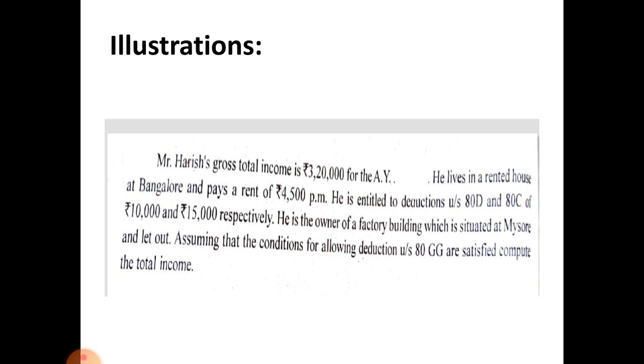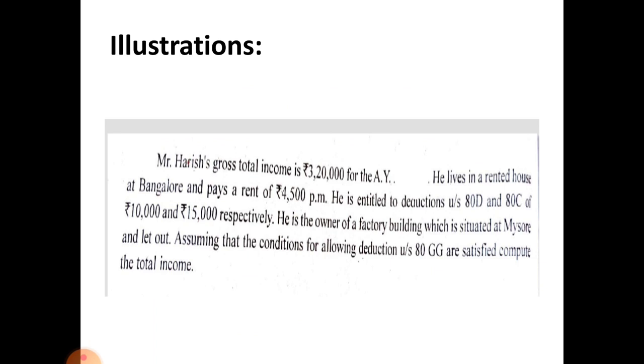See the first problem. Mr. Harish's gross total income is rupees 3,20,000 for the assessment year 2020-21. He lives in a rented house at Bangalore and pays a rent of rupees 4,500 per month.